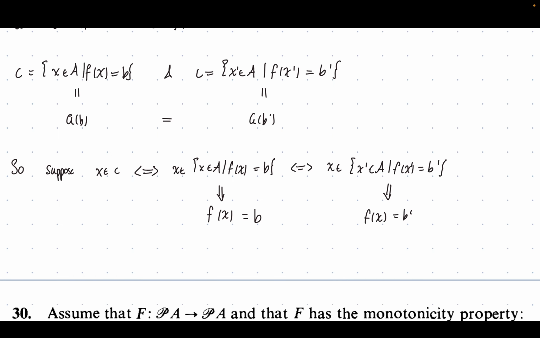And now since f is a function, b must be equal to b prime.